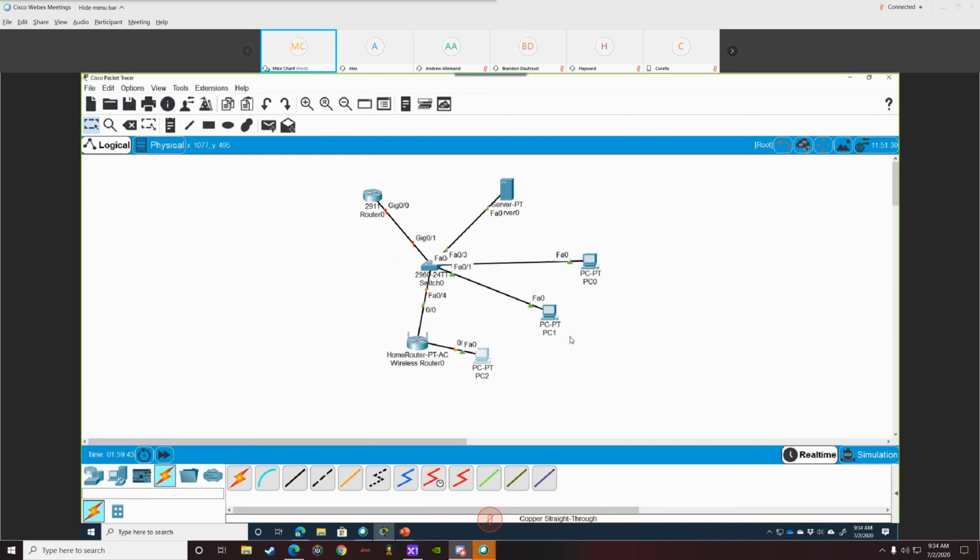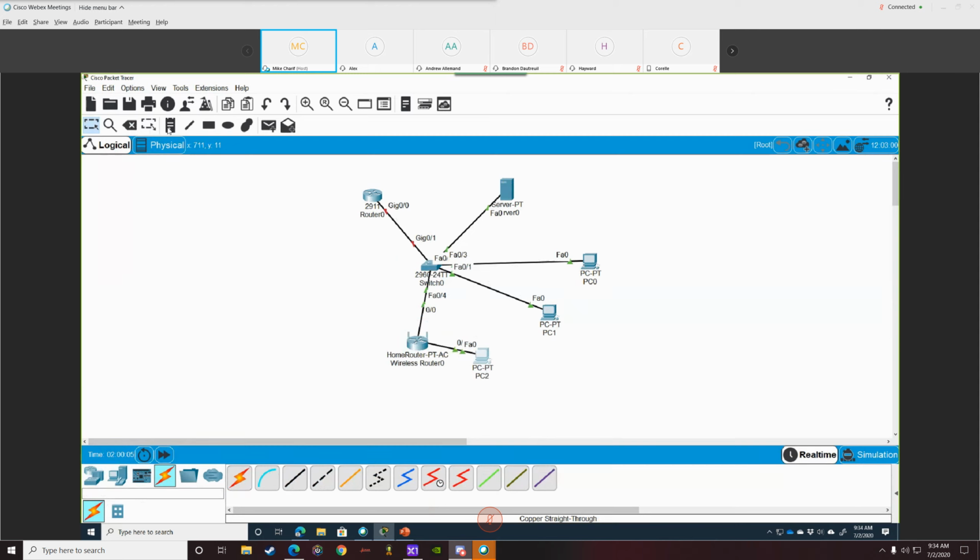That's the first attack. DHCP starvation basically exhausts all the IP addresses on this particular server. So when the machines in here want an IP address, they're going to get it from this router.